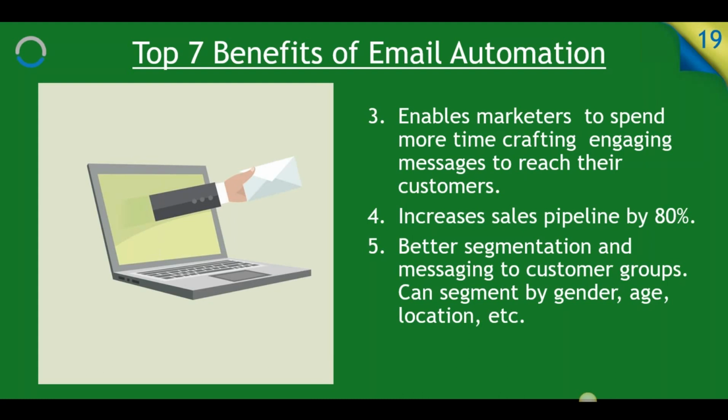It also allows better segmentation, more consistent segmentation, and messaging to your customers. And I'll tell you how this works, because in automation, you can actually move people from one list to another list based on actions. And this could be fully automated. You don't really have to touch anything. Now, if you're doing this manually, you might skip.